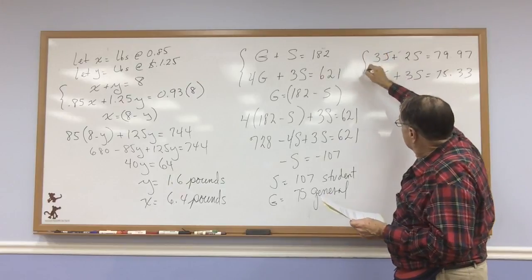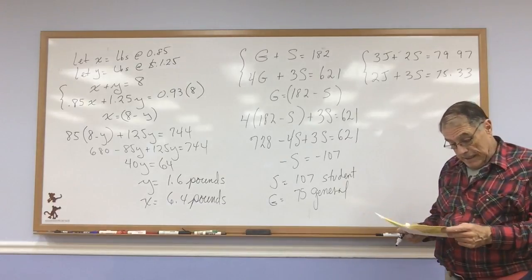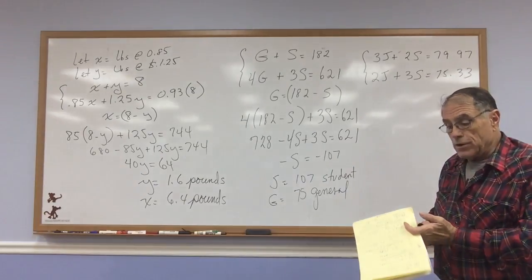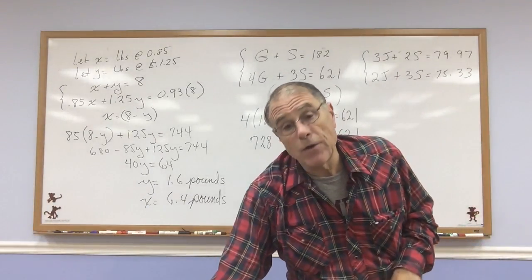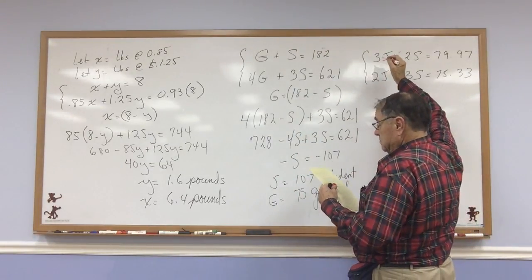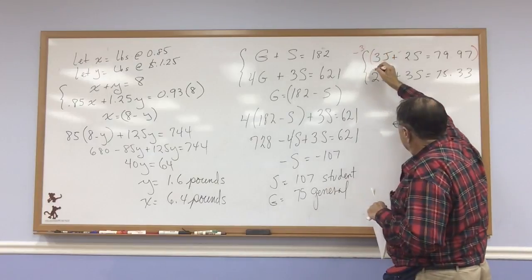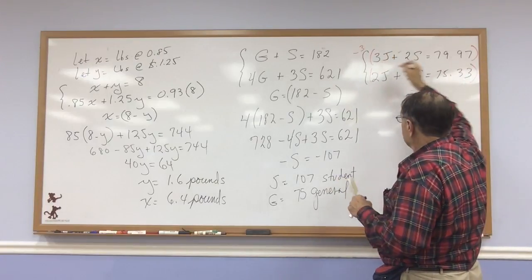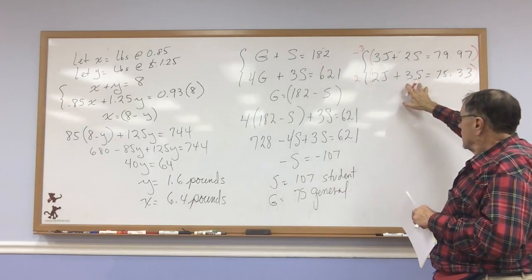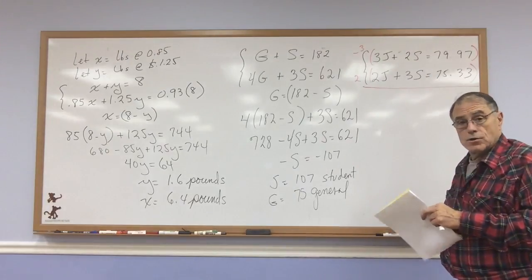Now again, I have two equations, but this time substitution is certainly not an ideal method for solution, so rather we'll use elimination. In order to eliminate, I'll multiply this first equation by -3. I'll multiply this second equation by 2. And that's going to give me -6s and +6s, which will drop s out of the equation.